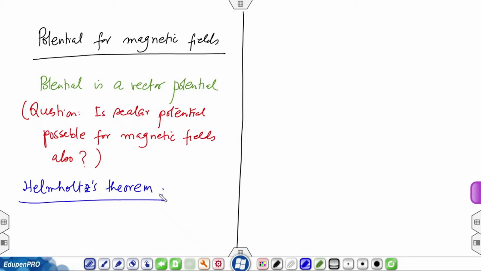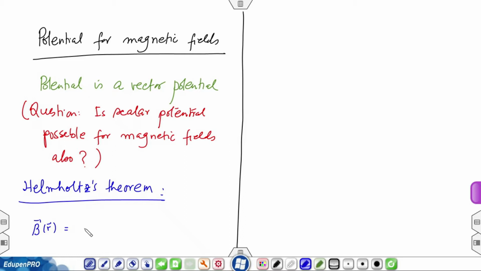Recall what it said. It said that if a vector field is there, let us call it B right here, it is well known if its divergence and curl are known.